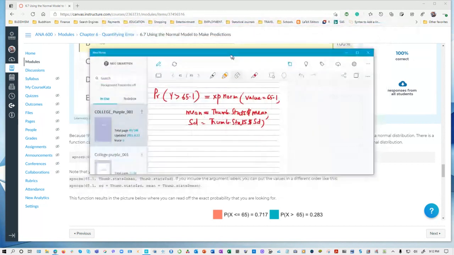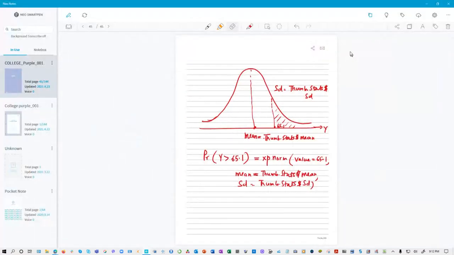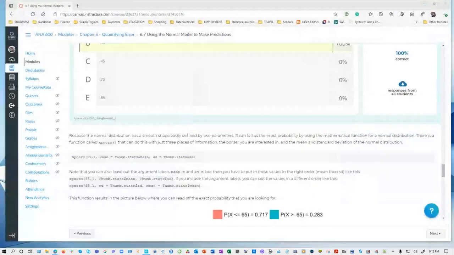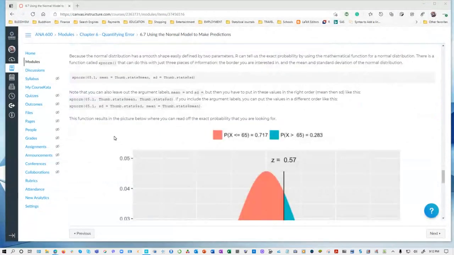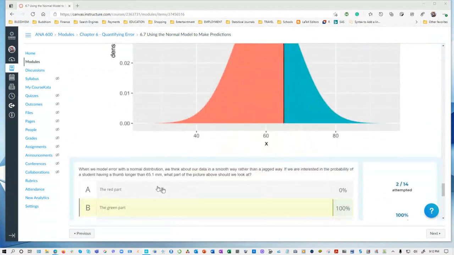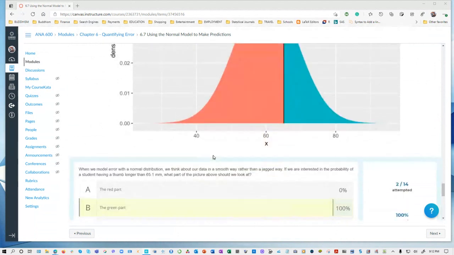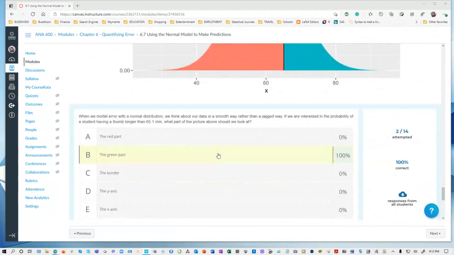That's the sequence. If you do that, it gives you the part related to the green part. More than 65.1 is the red color here.